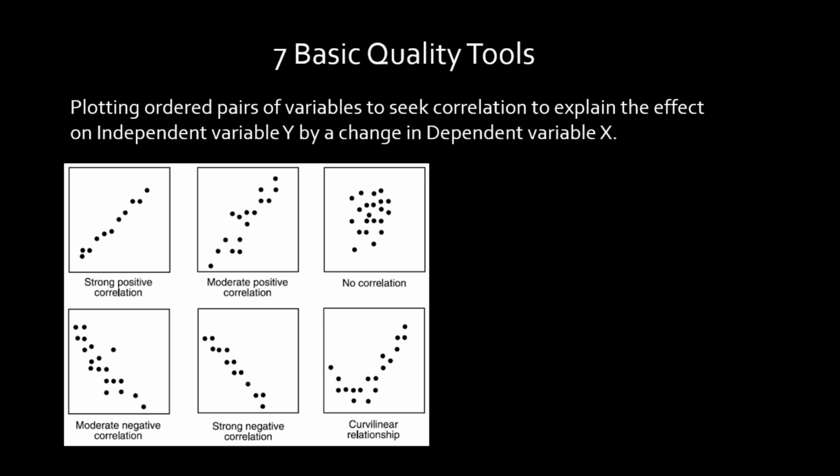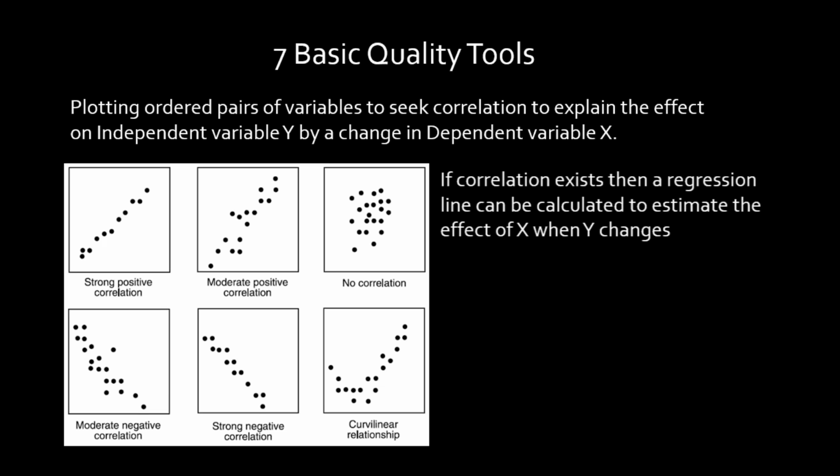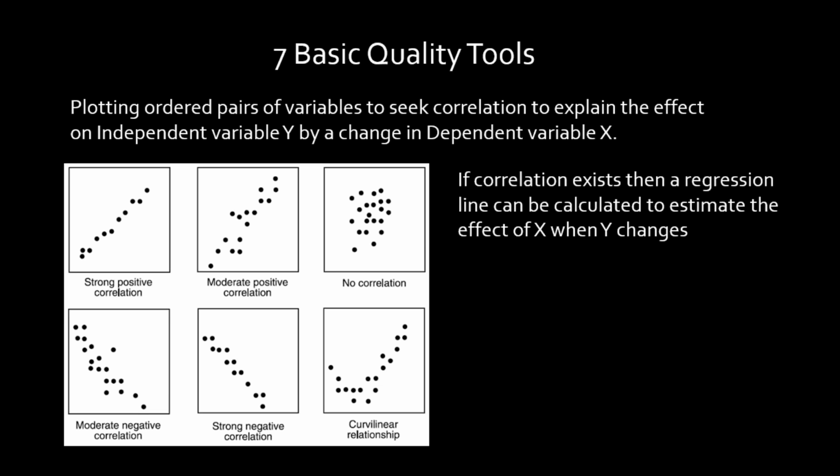The other thing are these. Just recognize what these are. These are scatter diagrams. And what they do is they show, or they're trying to show, correlation. It's the independent variable Y and dependent variable X, seeing if Y changes, what happens to X. So does it also go up?